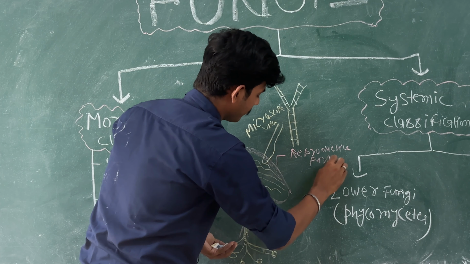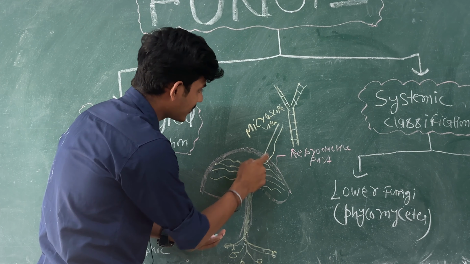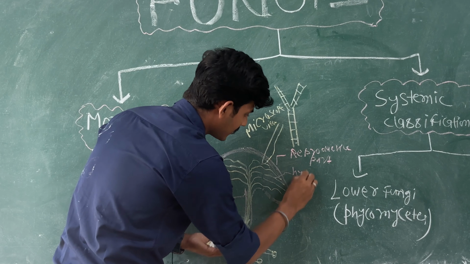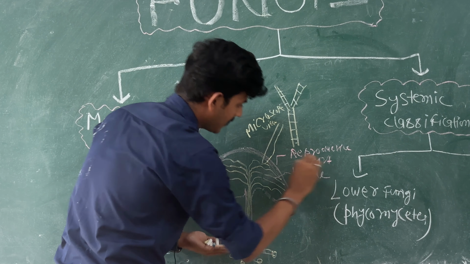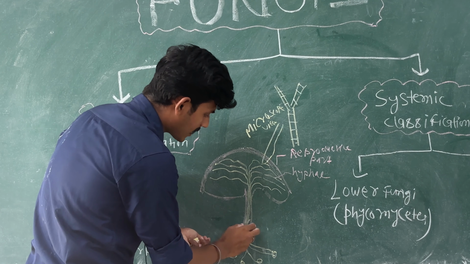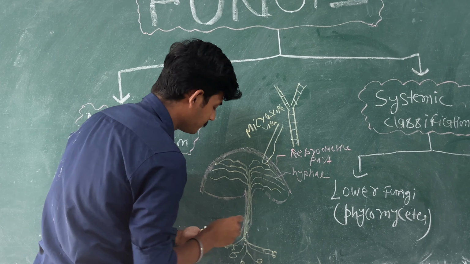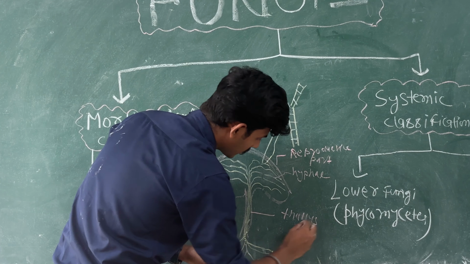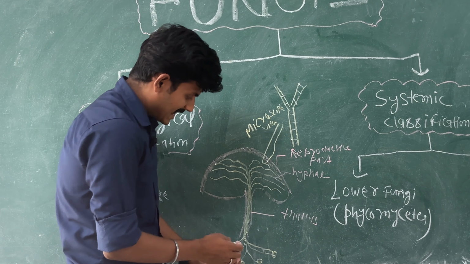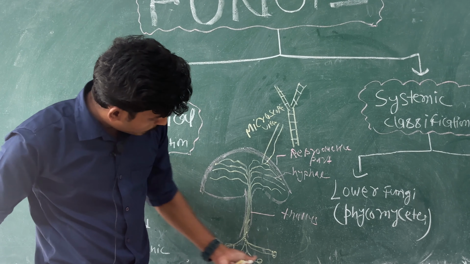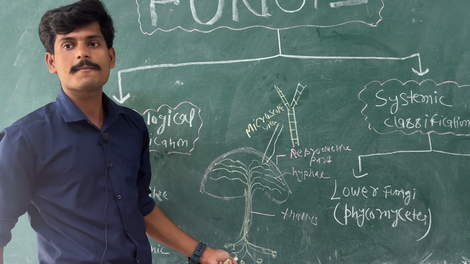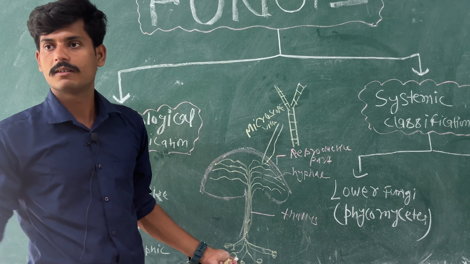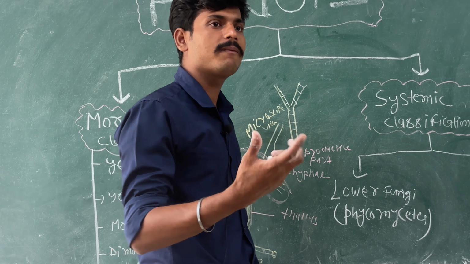These are the hyphae. Now, this is called the body or thallus. Now, these parts are called the mycelium. Mycelium is basically a collection of hyphae.